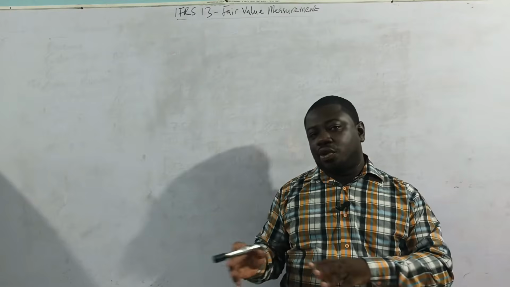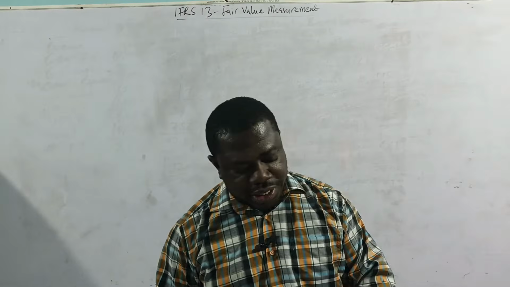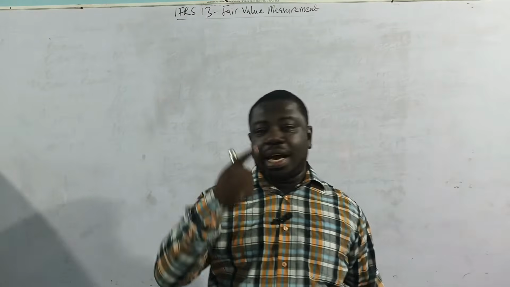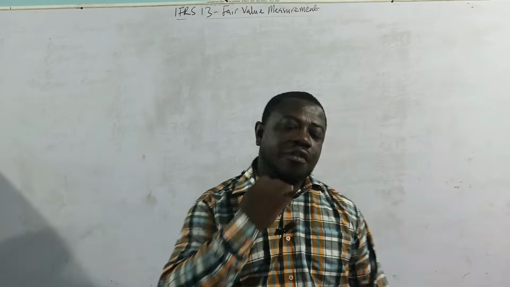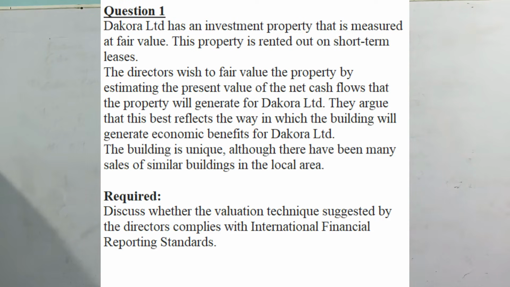Afterwards I'll introduce other concepts in part 2, and then we'll solve complex questions. This is a very simple question that is testing our knowledge on the levels of input for measurement. So let's begin. Dakra Limited has an investment property that is measured at fair value.